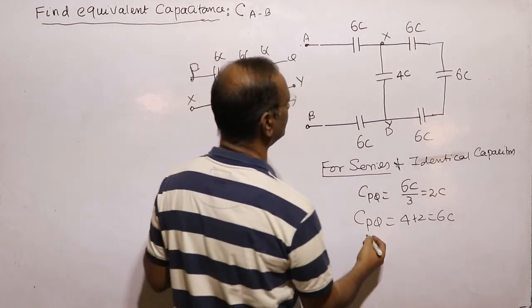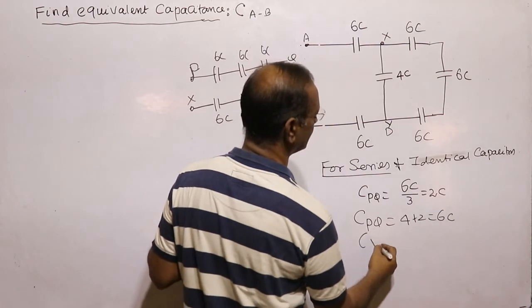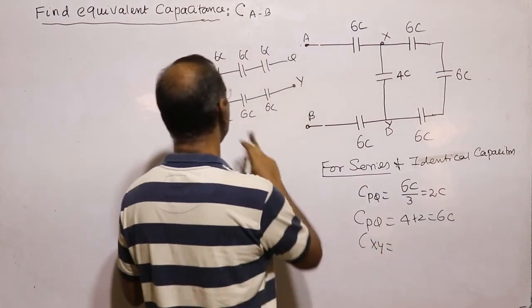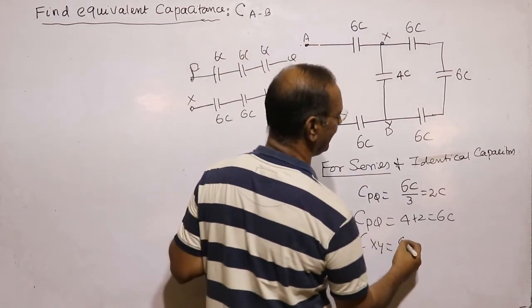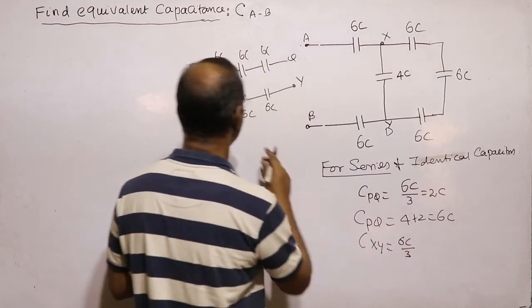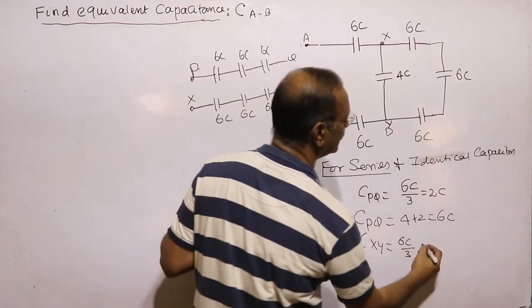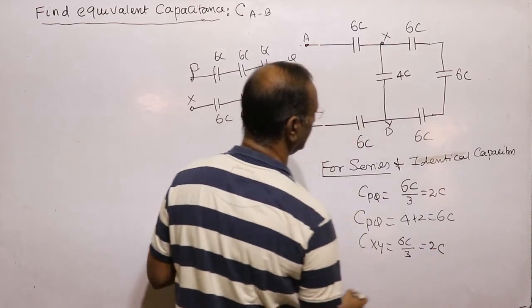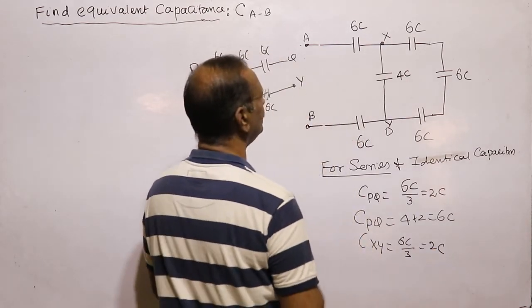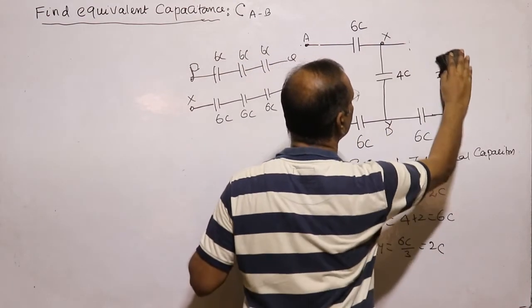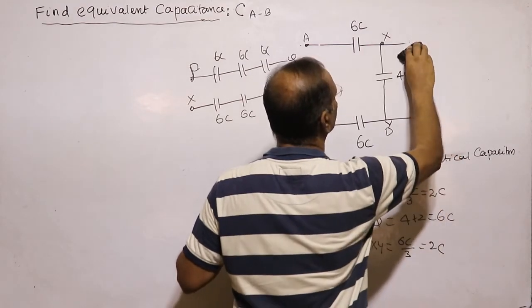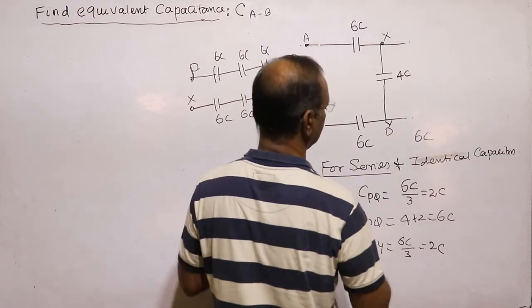Take any one capacitor between X and Y, 6C, and divide by the number of capacitors. The number of capacitors is 3 here, which is equal to 2C. It means between X and Y, we can remove this and connect it as 2C.